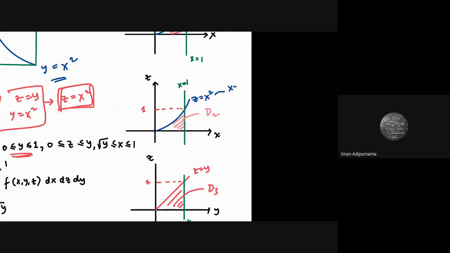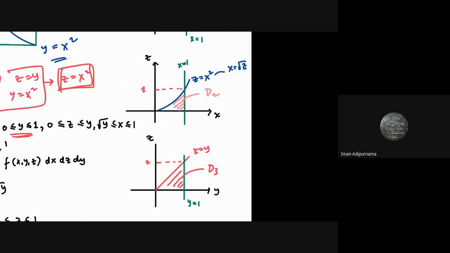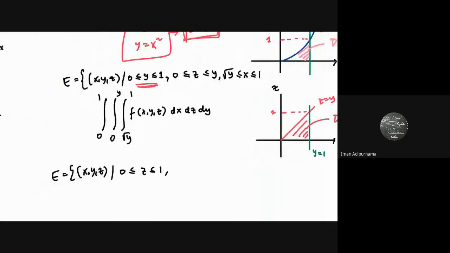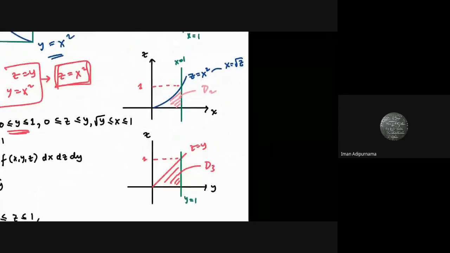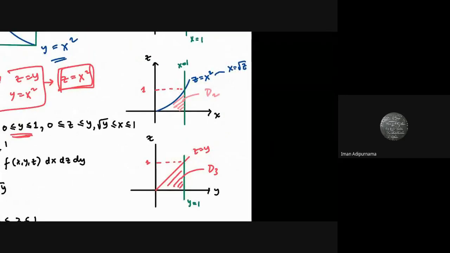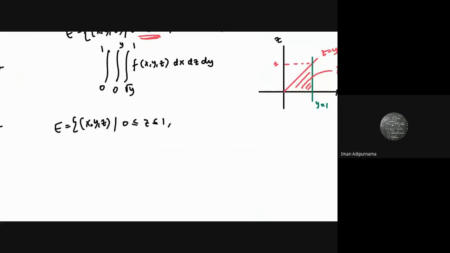So we have x and then square root of z. So x is square root of z. So x starts from square root of z until 1, right? Until 1. So square root of z less than x less than 1.